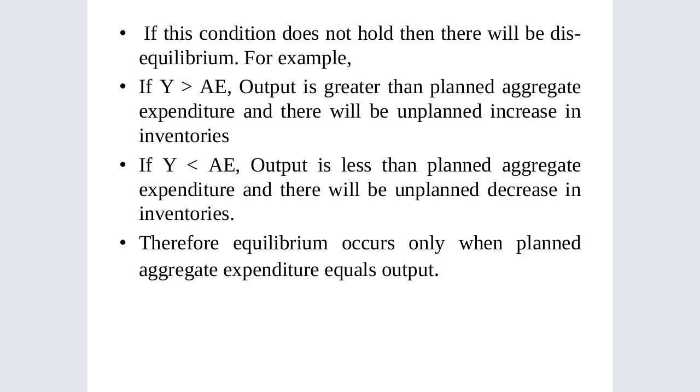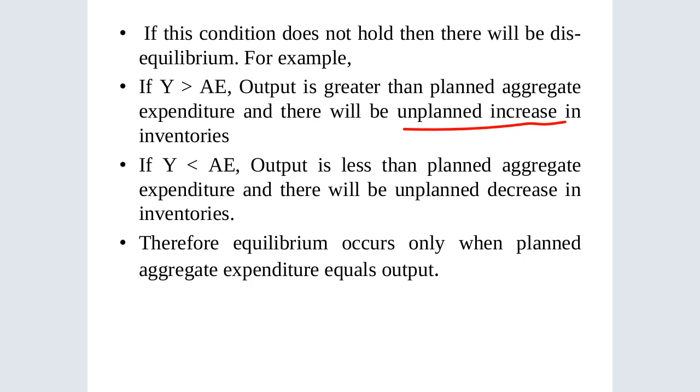Now, if this condition does not hold, then there will be disequilibrium. If the aggregate output is not equal to the aggregate expenditure, then we will have a situation of disequilibrium. So if output is greater than the planned aggregate expenditure, there will be unplanned inventories.